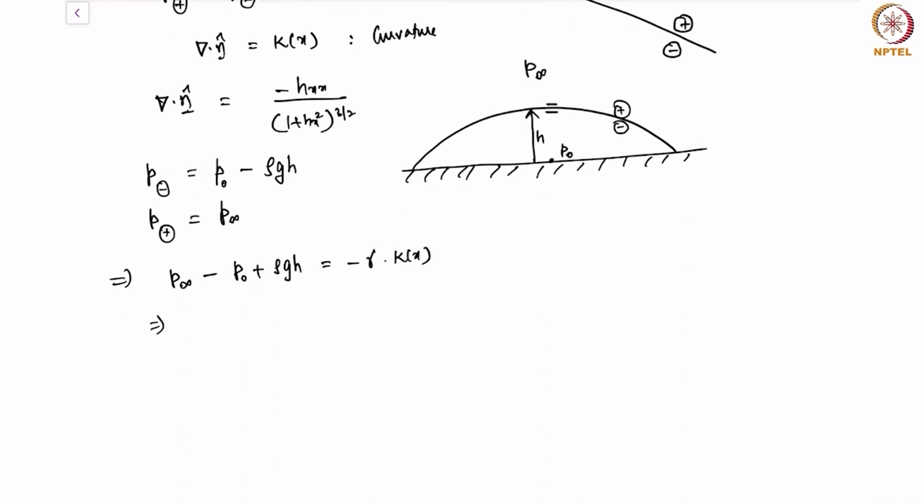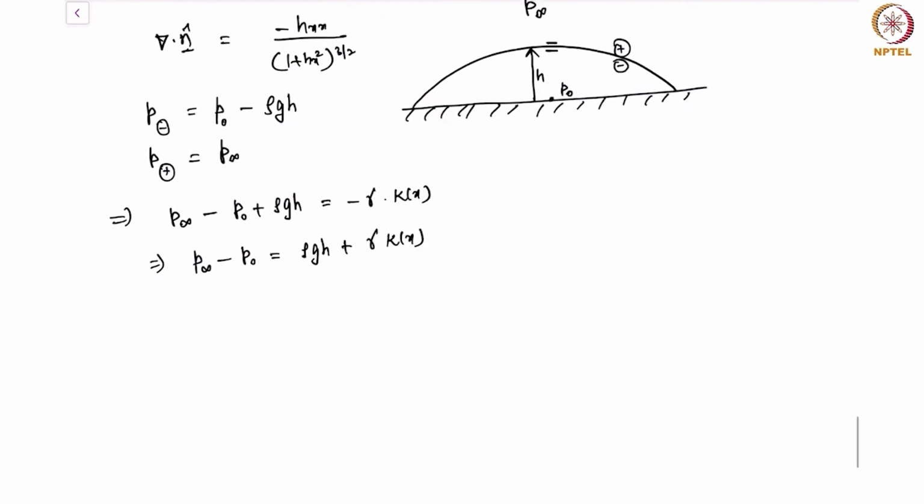Or I can now write down P infinity minus P naught is rho gh plus gamma times curvature, or I can simply say this is delta P, which is rho gh plus gamma times curvature.